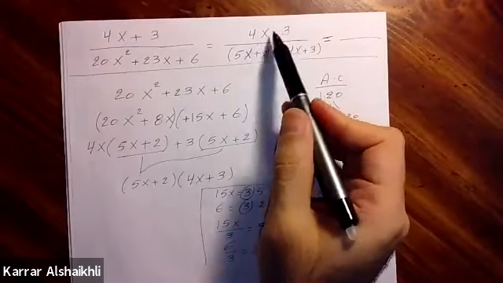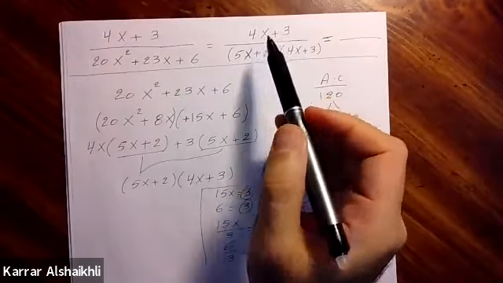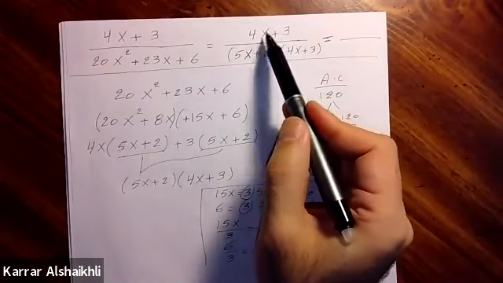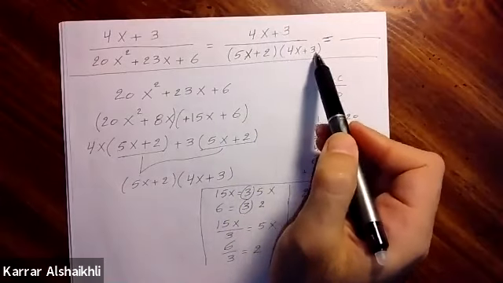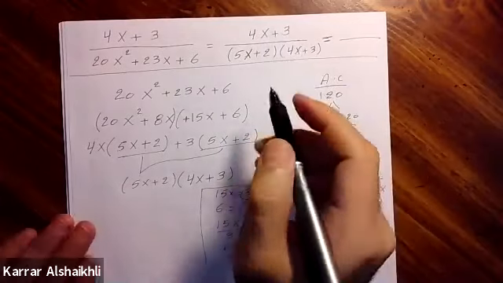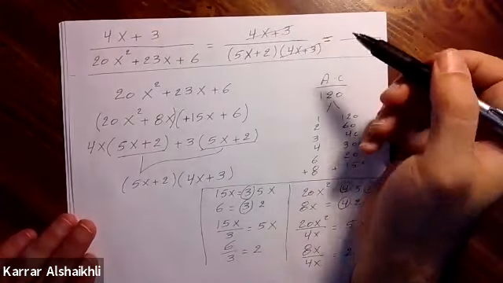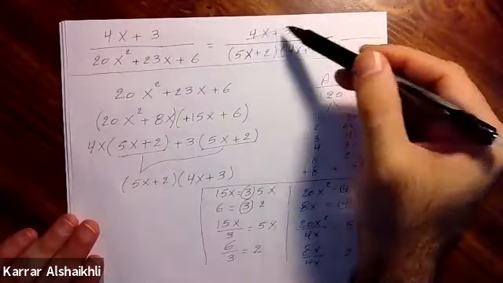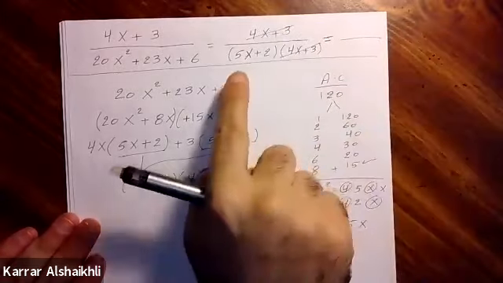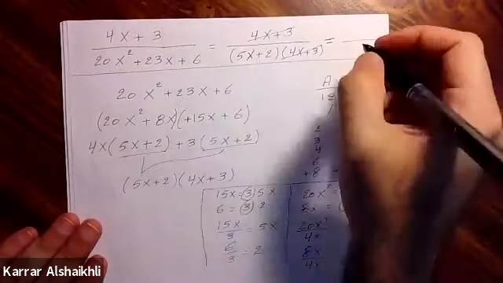Now here's the question. Check, there's no parentheses here, but if you see these two terms, exactly the same thing here. That means I'm going to cancel this one with this one. Who's gonna tell me what's the leftover on the top part? On the bottom part, the leftover is 5x plus 2. 1. Perfect.